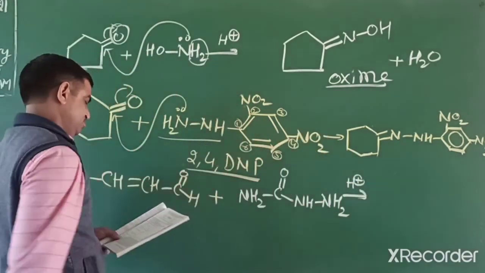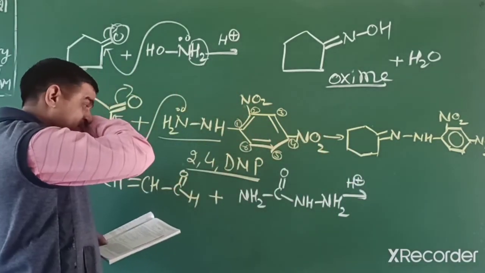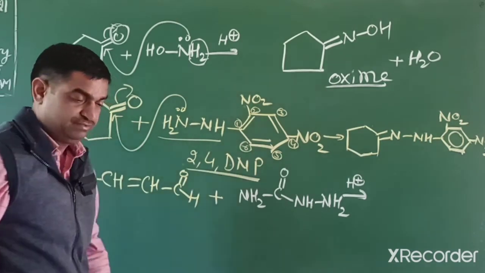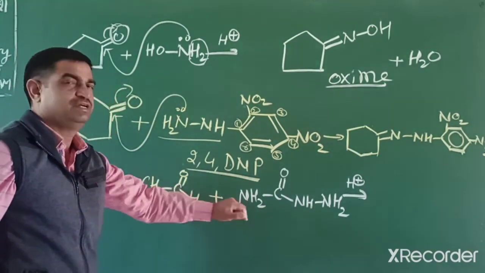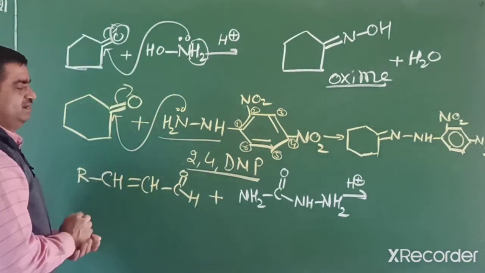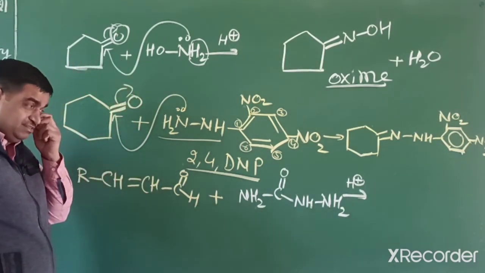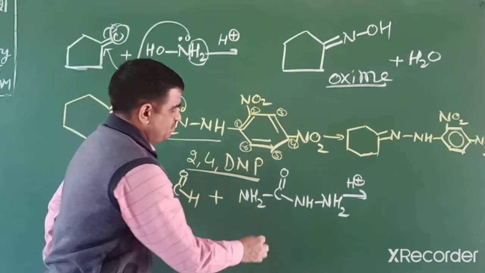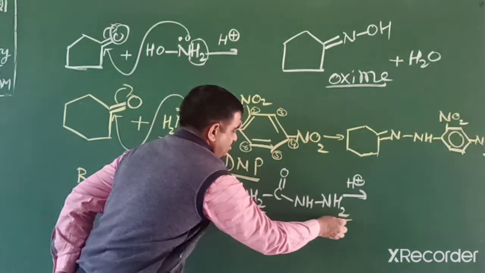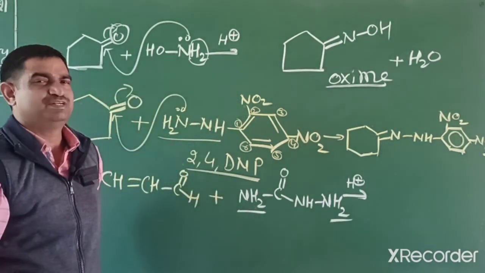This reaction is also in presence of acidic medium. So what happens? This one is semicarbazide. Generally students remove the water molecule from this side, but in this compound two NH2 groups are involved. Only one participates in the reaction.